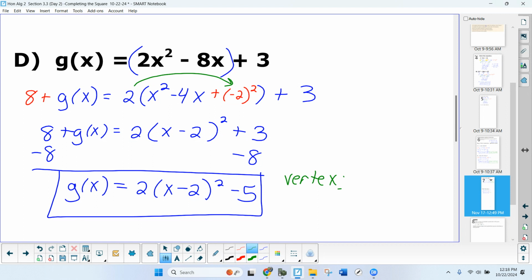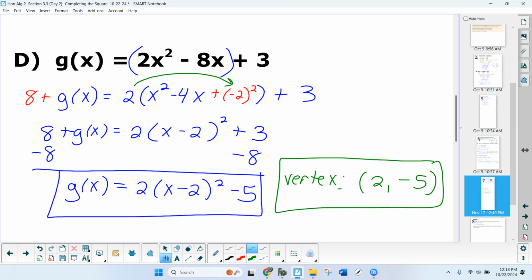Half a B. Don't forget, half of that middle. Okay, now which way does this shift? Right 2, down 5. What's your vertex? 2, negative 5. Questions?